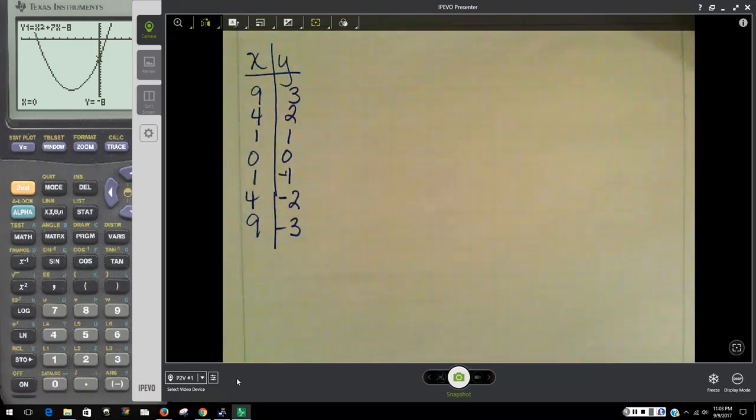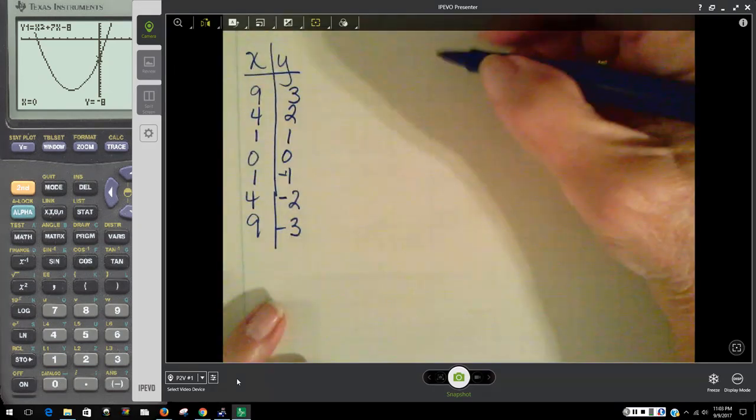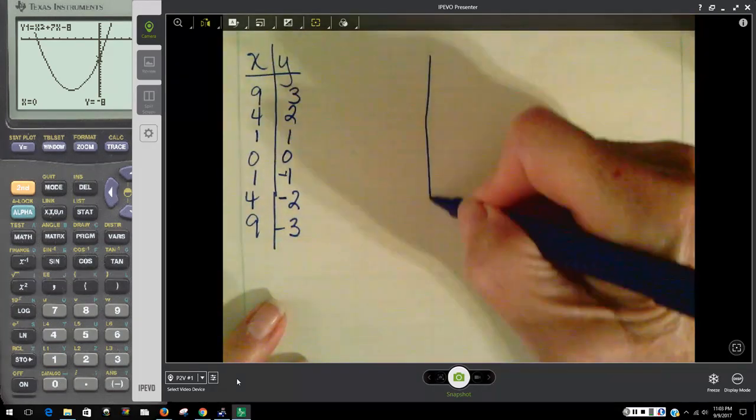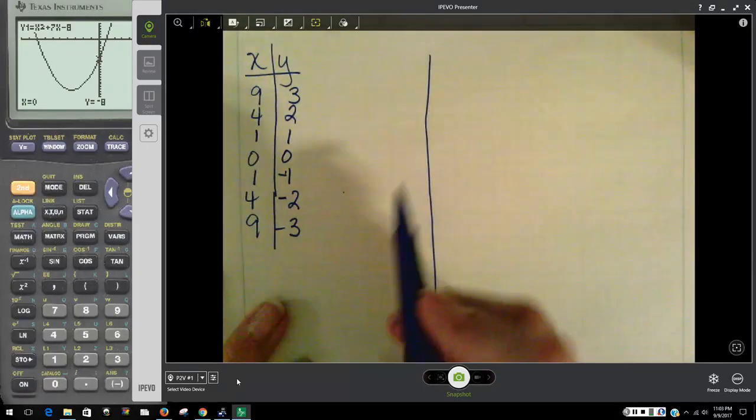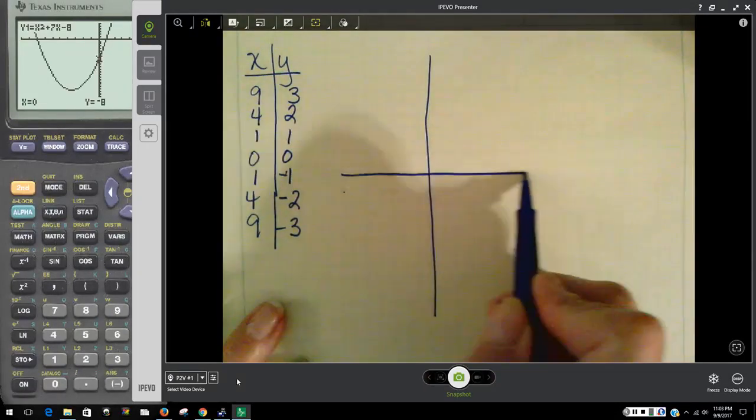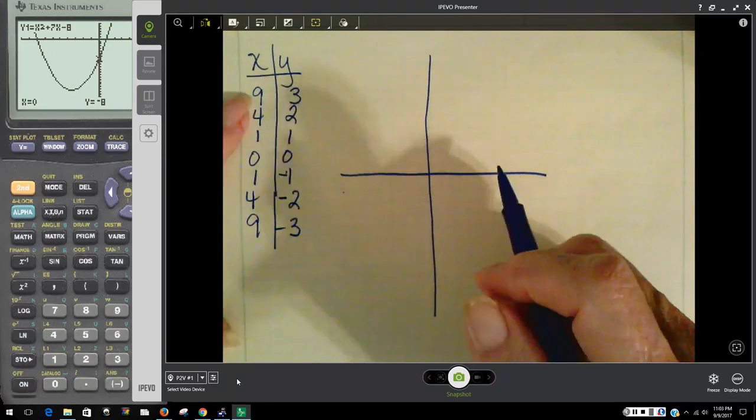And my y values are 3, 2, 1, 0, negative 1, negative 2, negative 3. And I'm going to graph that. So here are my x values.